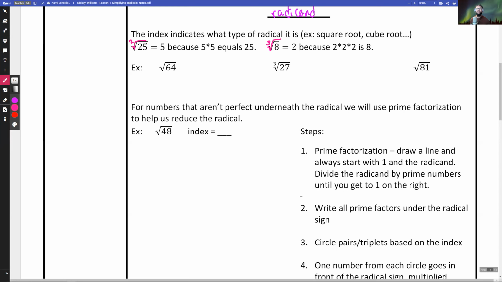And that means, what do we multiply twice to get to 64? If you're good with your times tables and you remember those things, that's going to be 8 times an 8. And that's going to be equal to 64. Okay? If you need to go check in Desmos, definitely go do that.